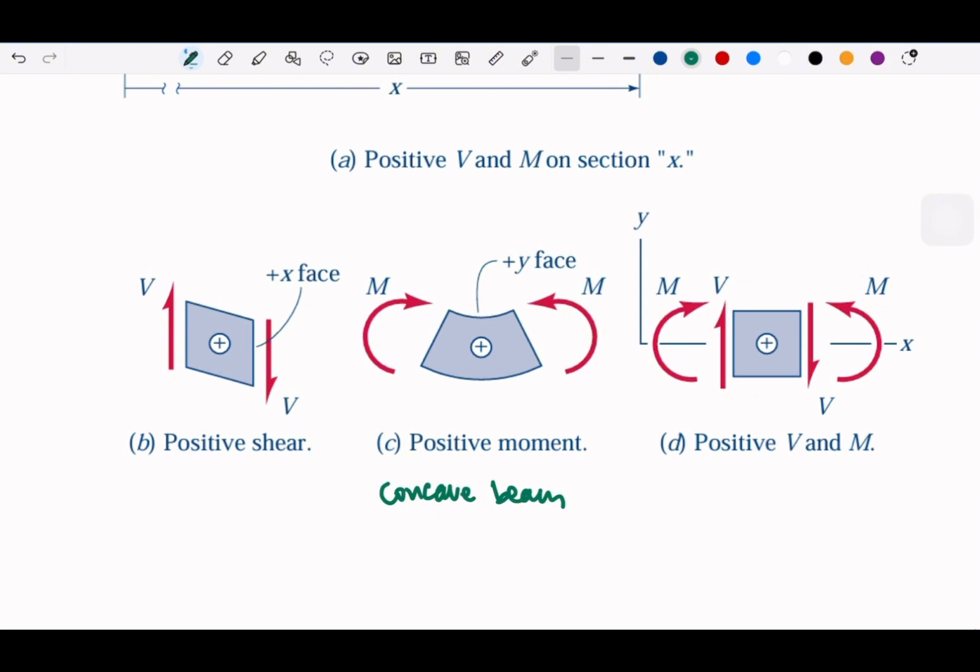Okay, I think I will go for just one example to see what we are expecting.